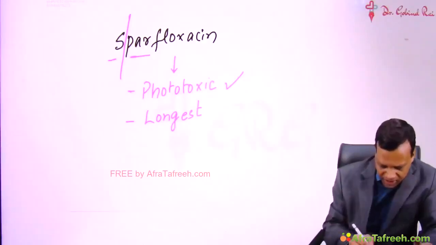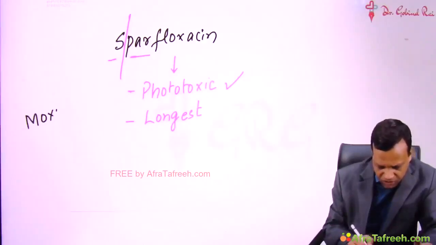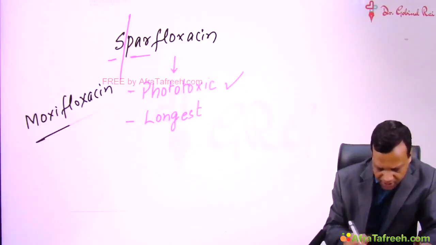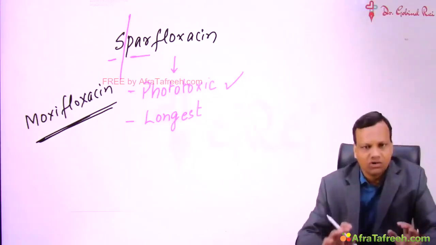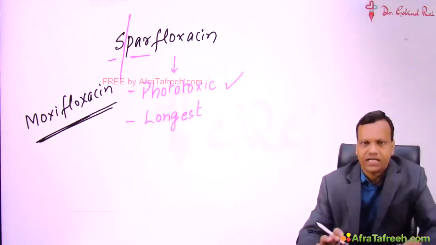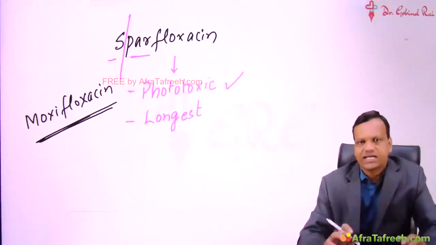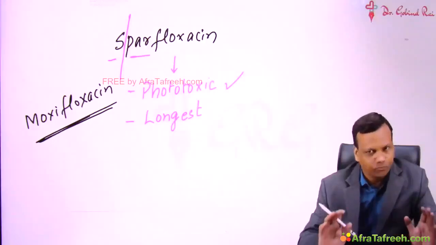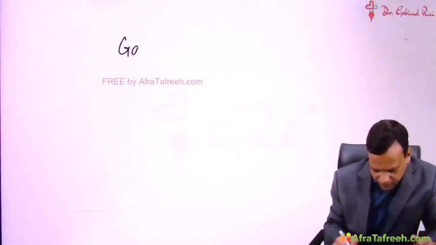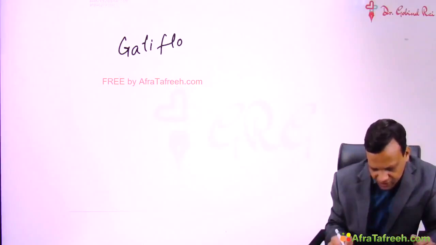The second longest acting fluoroquinolone is moxifloxacin. If sparfloxacin is not in the options, then you should mark moxifloxacin as the longest acting fluoroquinolone. So sparfloxacin is longest acting, and the next longest acting is moxifloxacin. Clear? Then gatifloxacin.